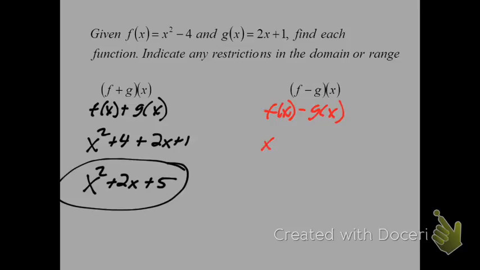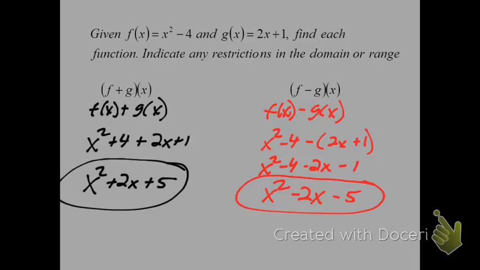Same deal, f of x is x squared minus 4, minus, make sure you put g of x in parentheses, because you have to distribute that negative sign through, so it'll be x squared minus 2x minus 5 for that one.